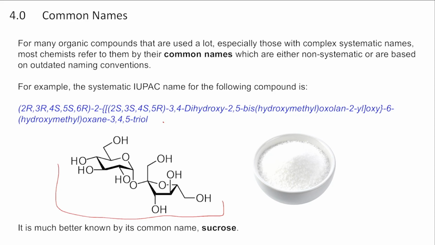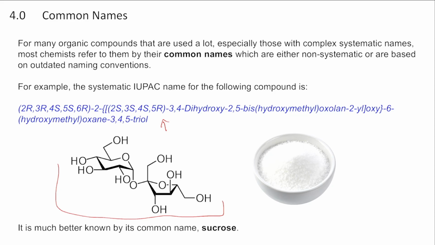The IUPAC name for this is listed here, a very long complex name, which is a mouthful. That is not something you would want to say in place of sugar every time you wanted to talk about white sugar. So this is a good example of why common names are still useful.